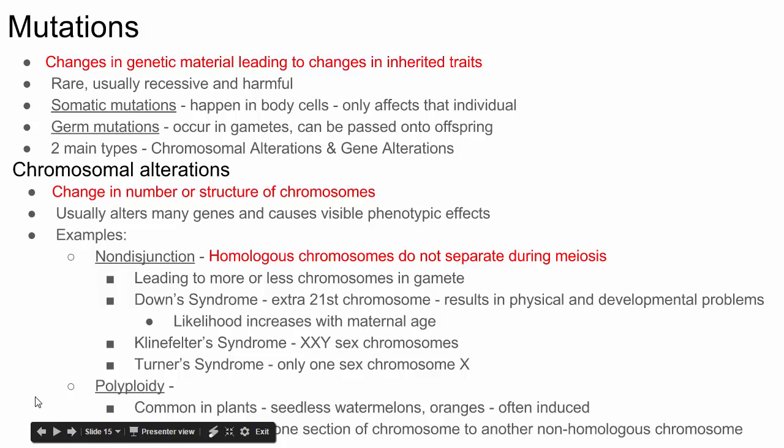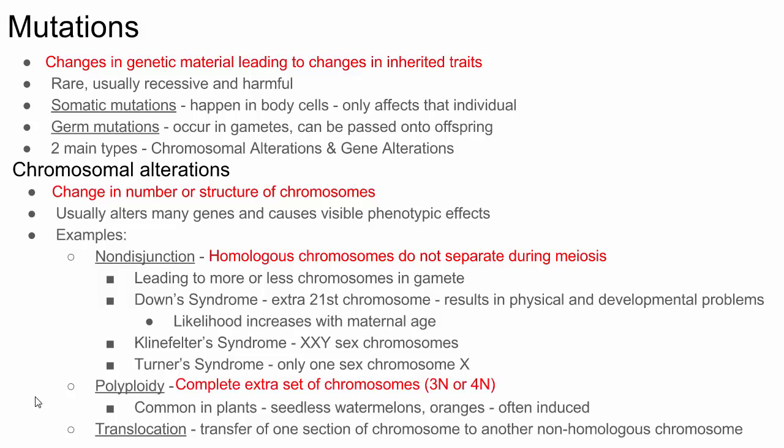There is though, in plants, polyploidy, which is somewhat common. So we know what ploid means, like haploid, diploid. What do you think polyploid is? Yes, several copies of chromosomes. Sometimes plants can be 3N, triploid, or 4N.